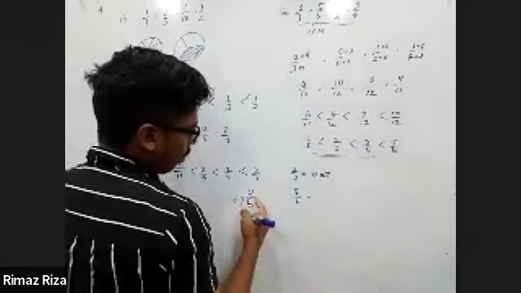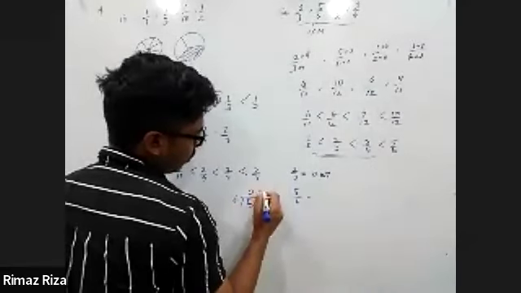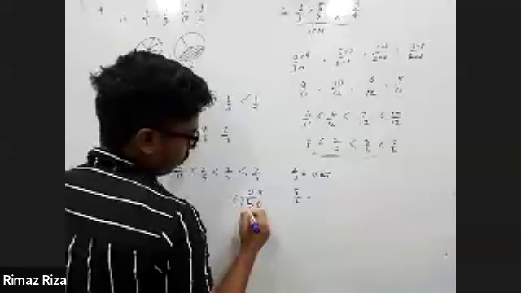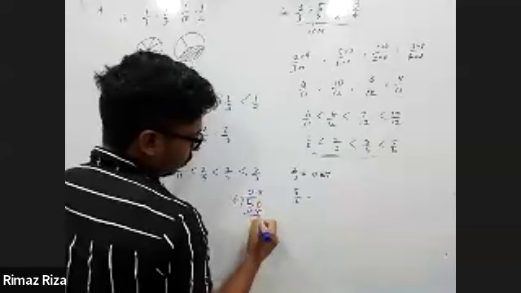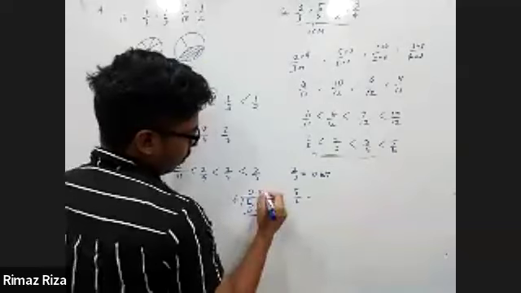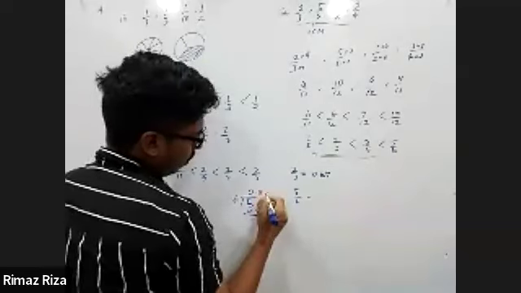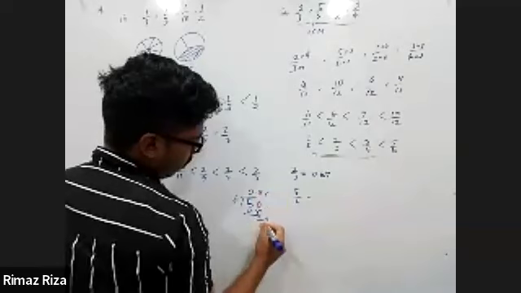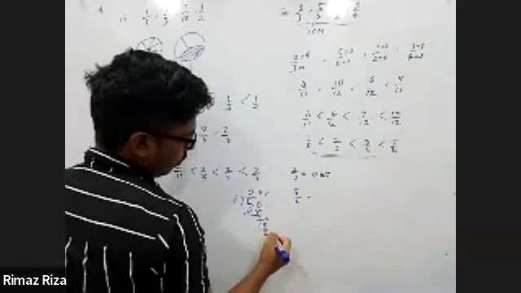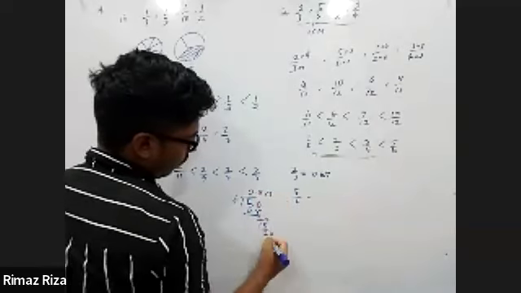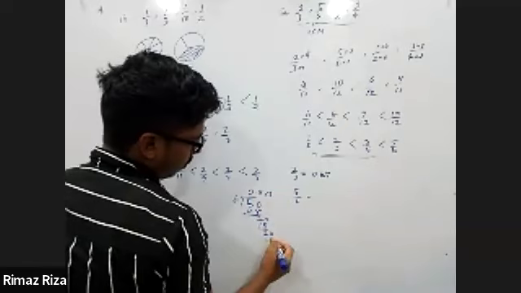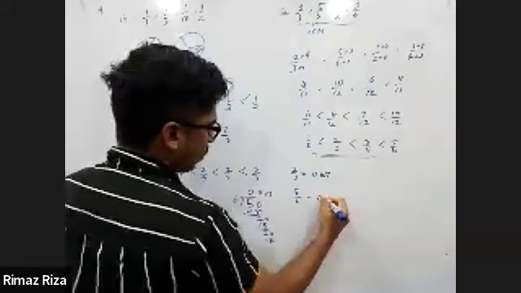How many 6s are there in 50? 8. 6 into 8 is 48. Remains 2, 20. 3, 18. So 0.8333 will be 0.8.